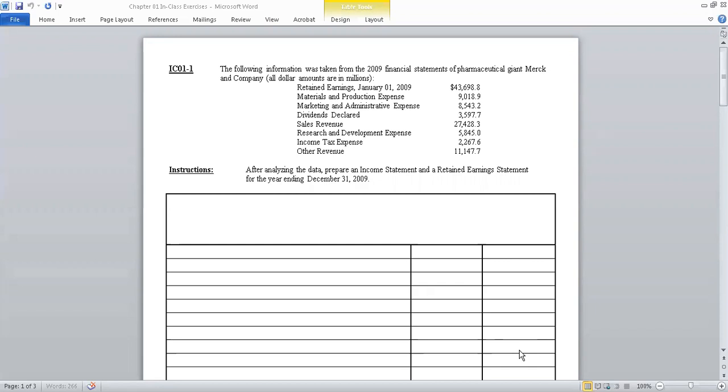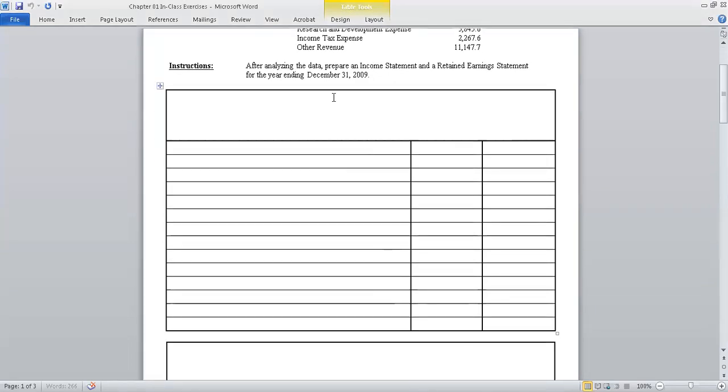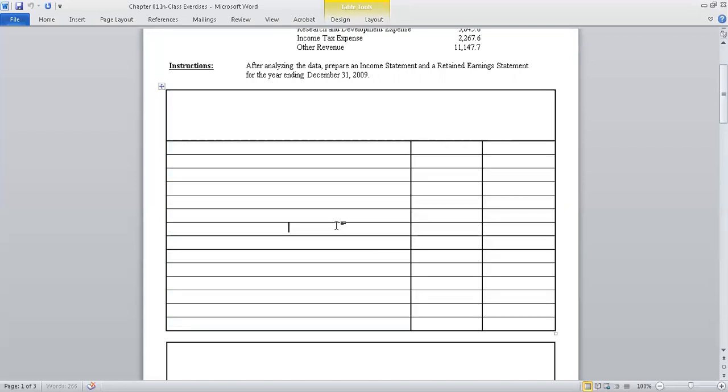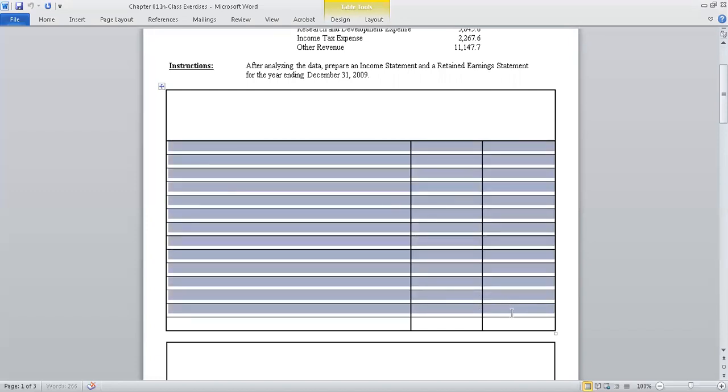Right? And on those in-class exercises, I've given you accounting style working papers to make it easy for you to do the work. Right? This document that you see here is what we call a 2-column ledger. Now, yes, I know there's 3 columns here.